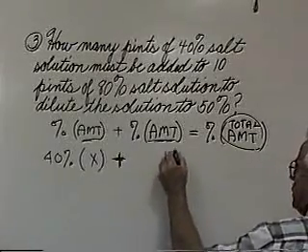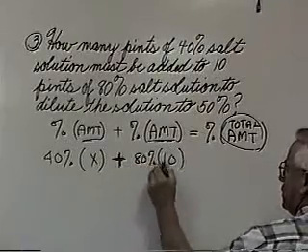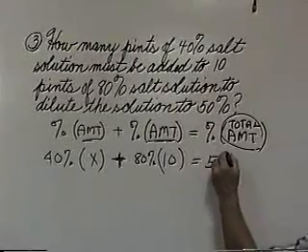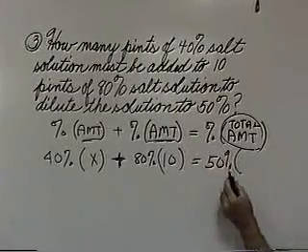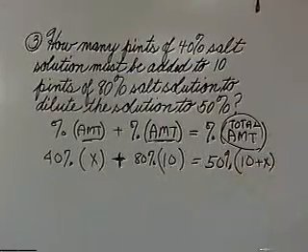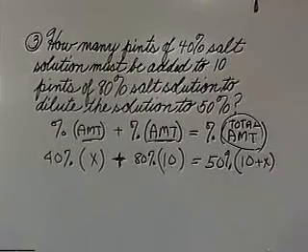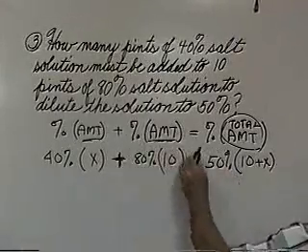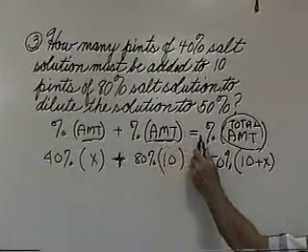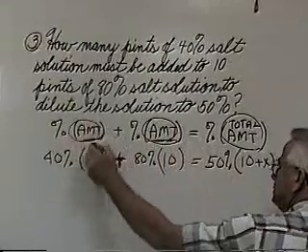Well, that 10 goes here for the amount of an 80%, and that's going to equal a 50% solution. Now, what is the sum of these two? So it would be 10 plus X. And that's how you work a solution problem. Very, very simple. If you'll just memorize that you do percent times the amount plus percent times the amount, and that's equal to percent times the sum of these two amounts.